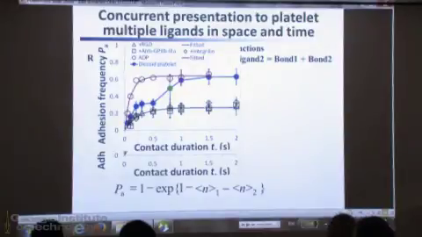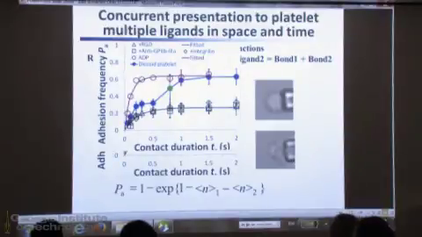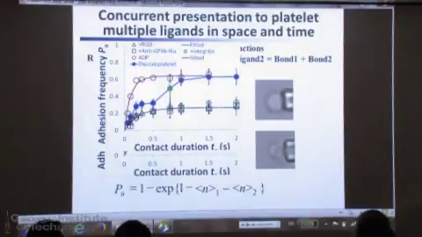So what about these data and that data? If you block the integrin interaction using either RGD or the anti-alpha 2b beta 3 integrin antibody that would block the binding of the integrin, you get this curve.